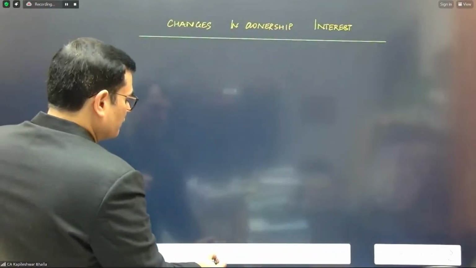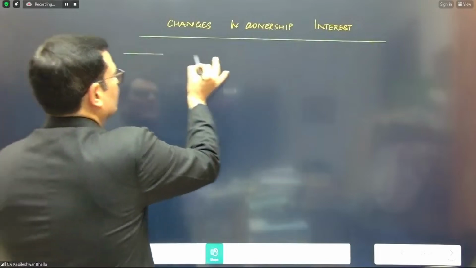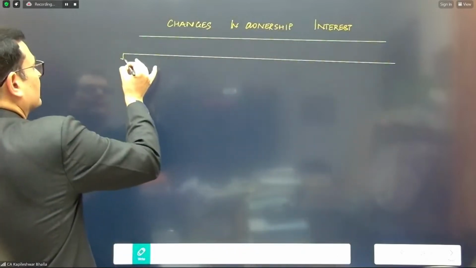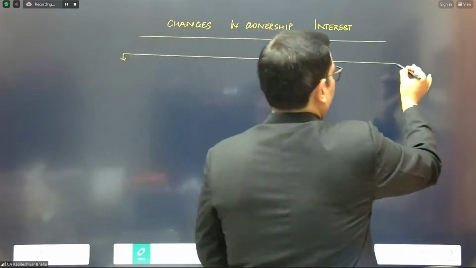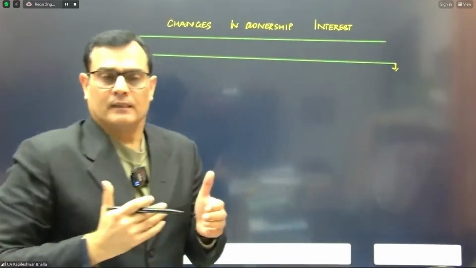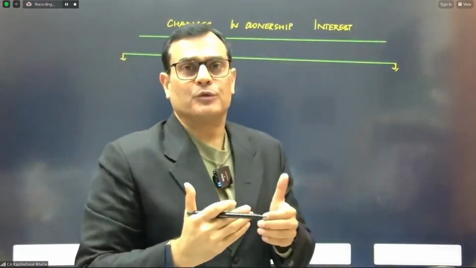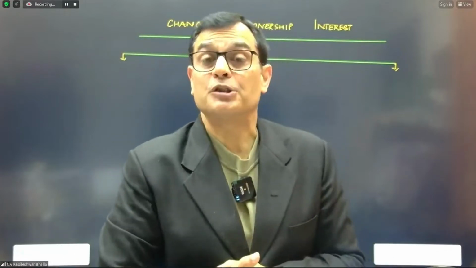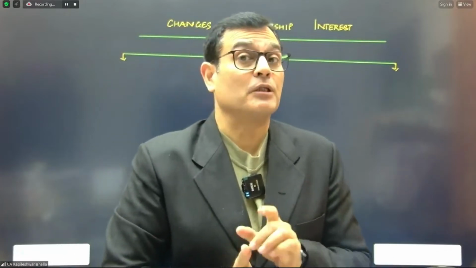When you say there is a change in the ownership interest, I would broadly divide my discussions into two elements. There may be a further acquisition or there may be a disposal resulting in a change in the percentage, but the control doesn't go. Mind the words carefully.